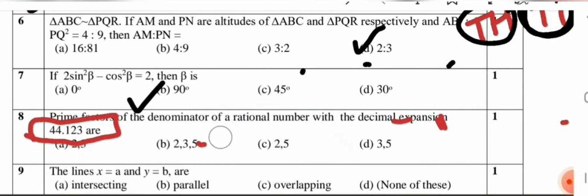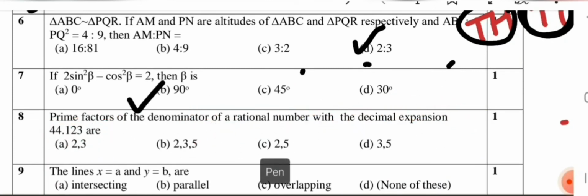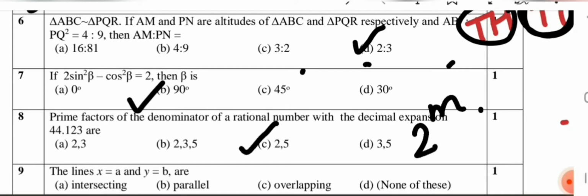So the correct answer for this will be 2, 5. Its decimal expansion is terminating, so its denominator must have only prime factors including 2 and 5. You have studied that 2 power m or 5 power n, like that. We shouldn't have any other number.